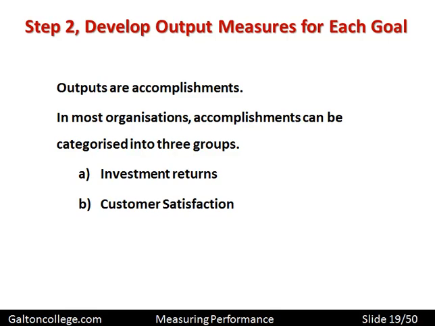We can also measure accomplishments in terms of customer satisfaction. We get feedback from the customers and we know how the customers feel about the product. And customer satisfaction will be a function of their perceptions of the quality of the product and the price of the product, the after-sales support that the product receives. All of the issues that are, in a sense, dealt with by the marketing department.